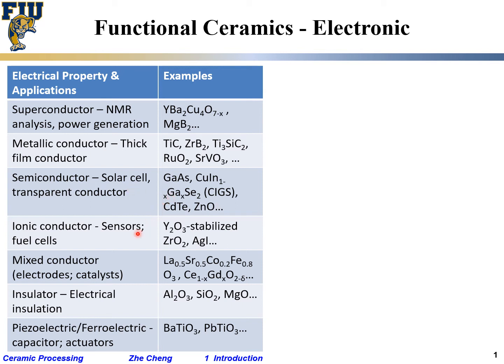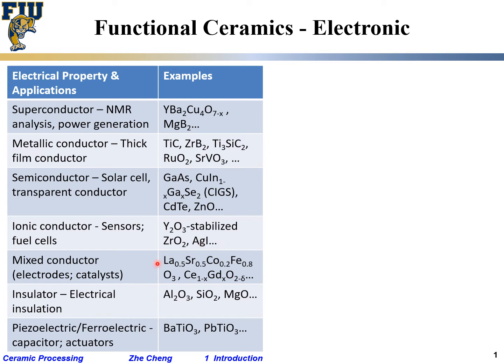And some of them not only conduct electrons, they conduct ions. We call them ionic conductors. They are semiconductors, but they are ionic, which means they not only conduct a little bit of electron, they conduct more ions. We'll talk about this a little bit more, but materials such as so-called yttrium oxide stabilized zirconia, silver iodide.